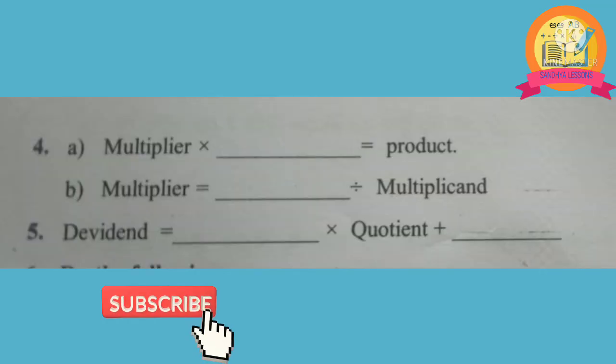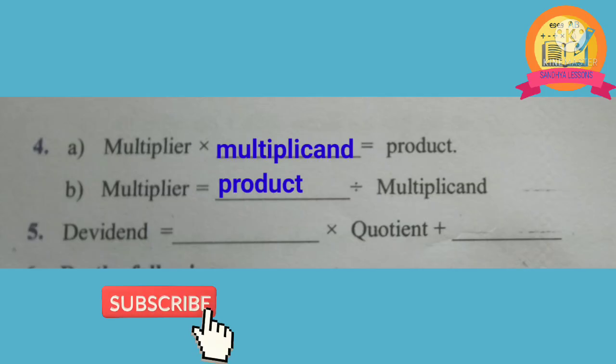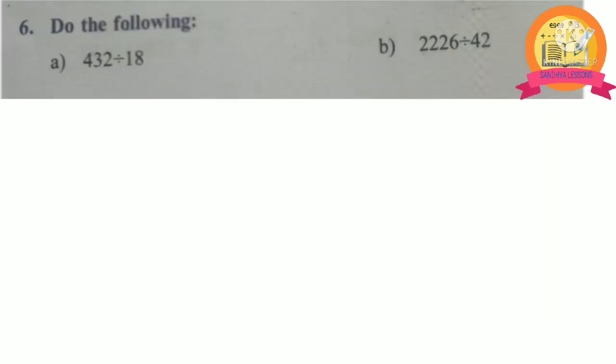Fourth Roman, multiplier multiplied by multiplicand is equal to product. Multiplier is equal to product divided by multiplicand. Fifth Roman, dividend is equal to divisor into quotient plus remainder. Sixth Roman, do the following divisions. 432 divided by 18.